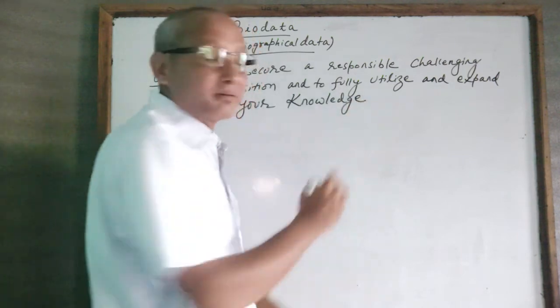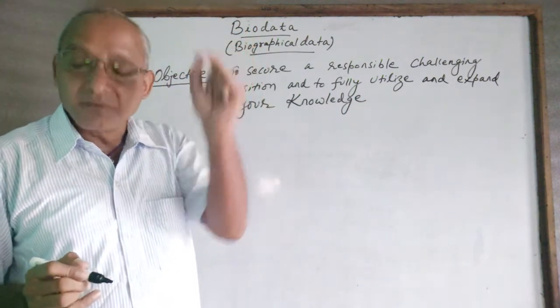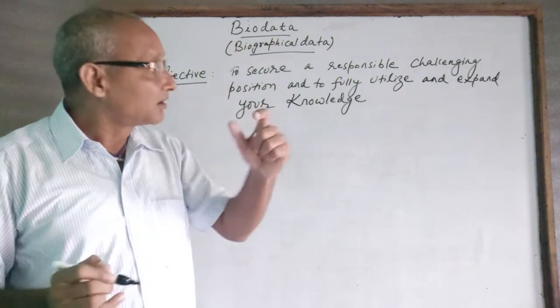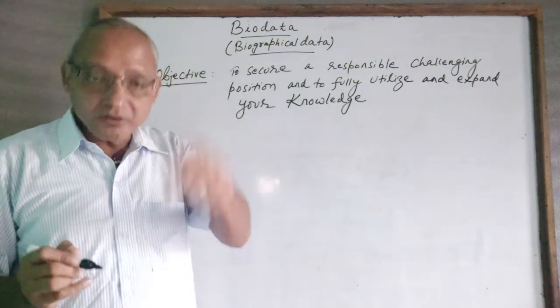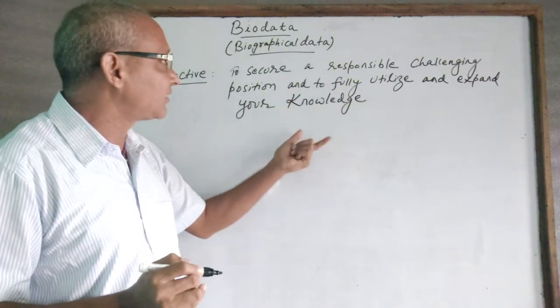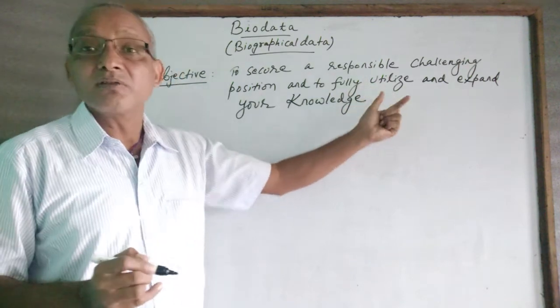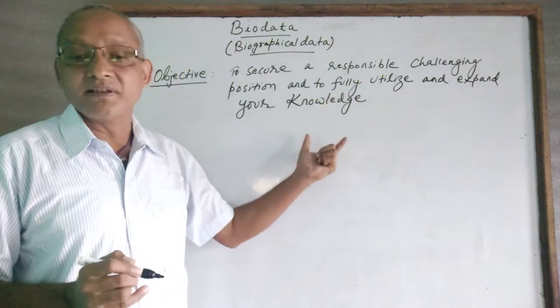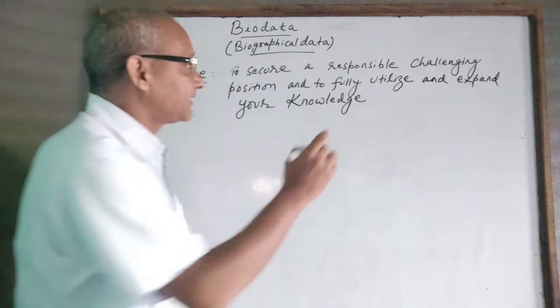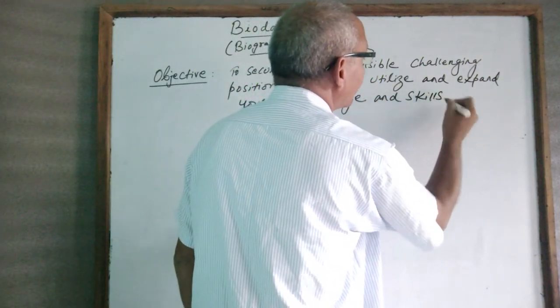Expand your knowledge. Now this means that you know something and you want the reader or the organization or the company to know that you have some knowledge and you want to fully utilize and expand that knowledge, taking everything into responsibility, and also that you accept the challenges, knowledge and skills. Why do you use these qualities?